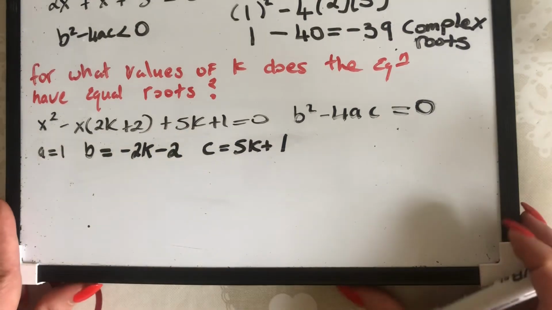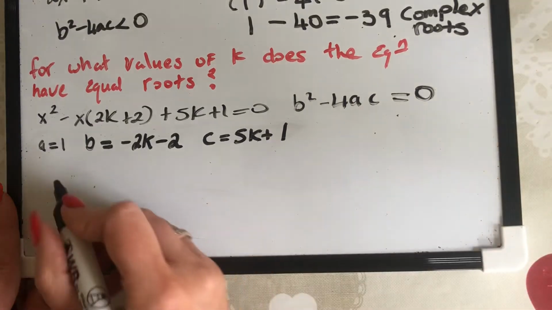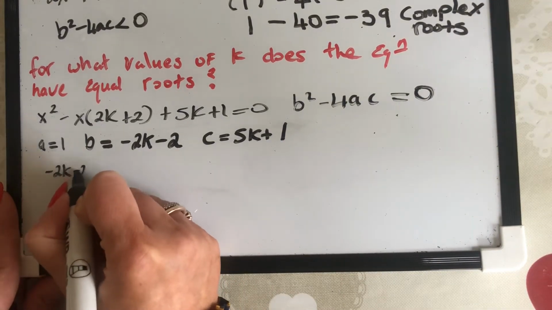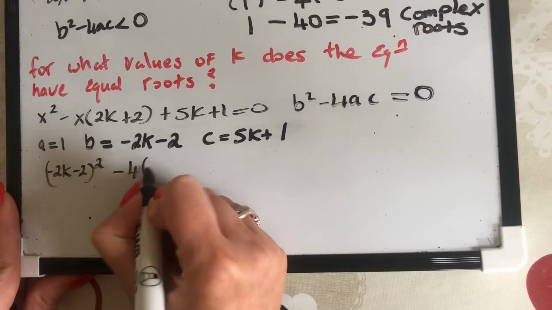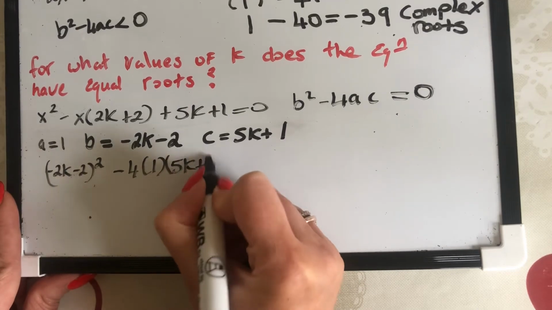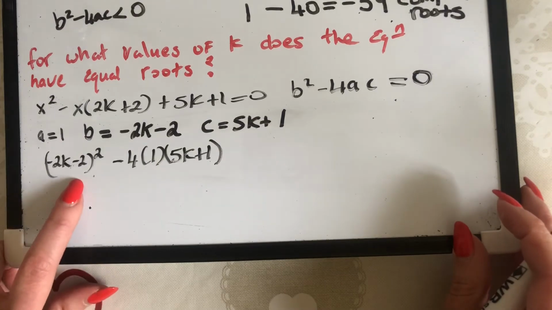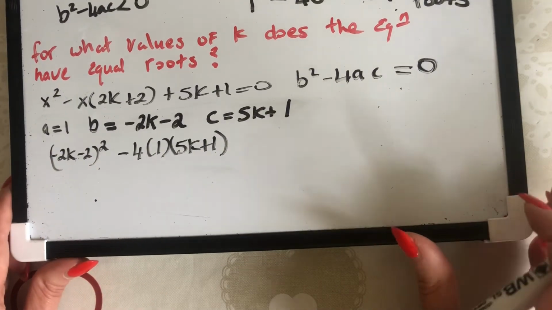Now we're going to input those into our equation. So we have minus 2k minus 2 all squared, minus 4, a is 1, and c is 5k plus 1. Now we have to multiply out this bracket here because it's squared, so it's itself multiplied by itself.